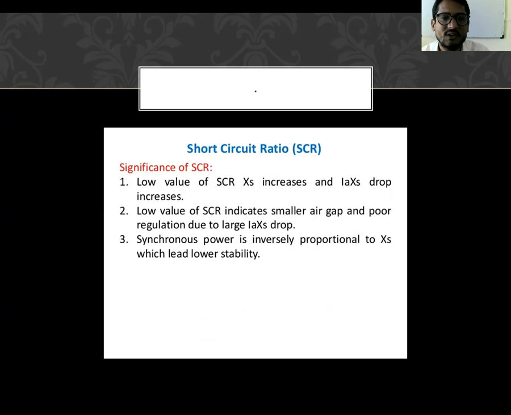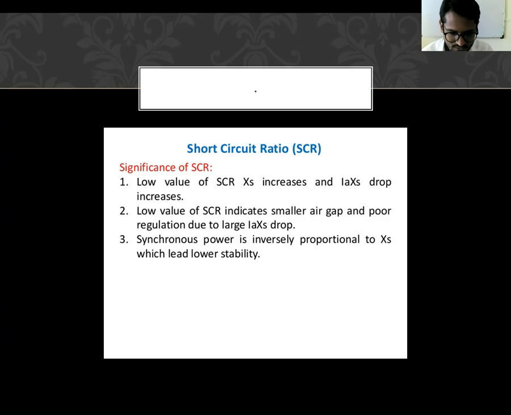The first is that at a low value of SCR, XS increases and the IaXS drop is increased. The second is that a low value of SCR indicates a small air gap and poor regulation due to the large IaXS drop. The third is that synchronous power is inversely proportional to XS, and a low SCR means poor stability.